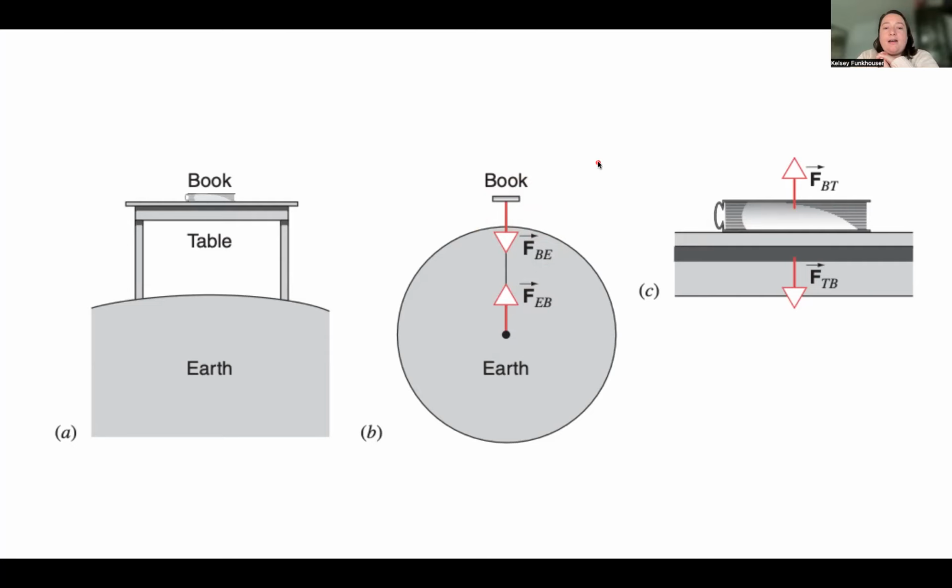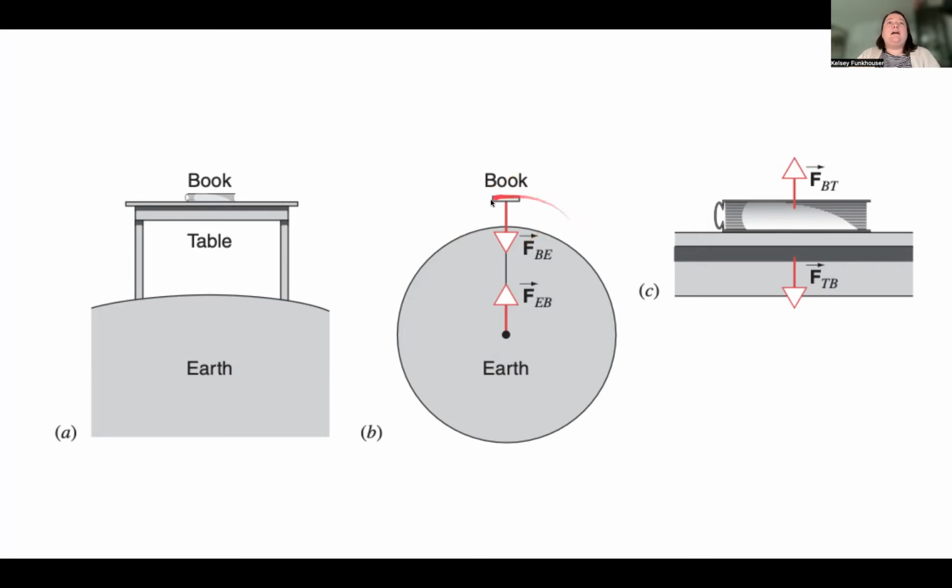So that's the other thing about action-reaction pairs. The forces themselves act on different objects. So you don't have action-reaction pairs on the same object. The two forces, this force and this force, sum to zero, which is why the book isn't accelerating. And each force has a reaction force somewhere, but again, it has to act on a different object.